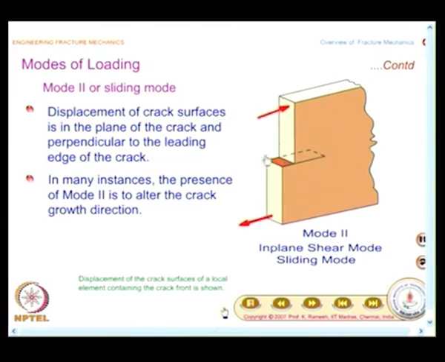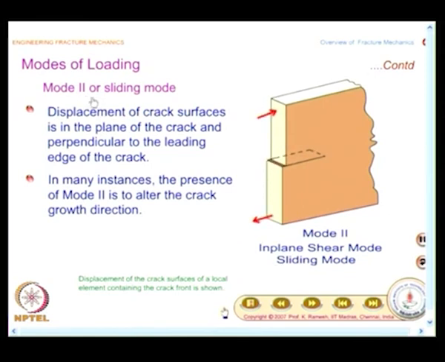And what is shown here is displacement of the crack surfaces of a local element containing the crack front. We have not shown the entire object, the external loading may be anything, we are only looking at what happens in the vicinity of the crack, how the faces move. Depending on that you label them as mode 1, mode 2 or mode 3.